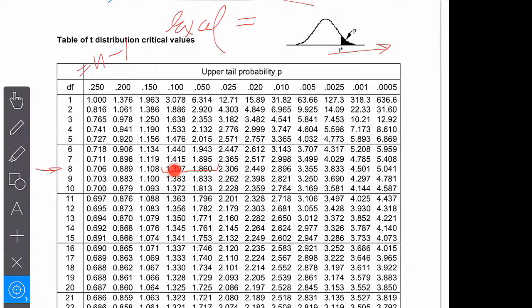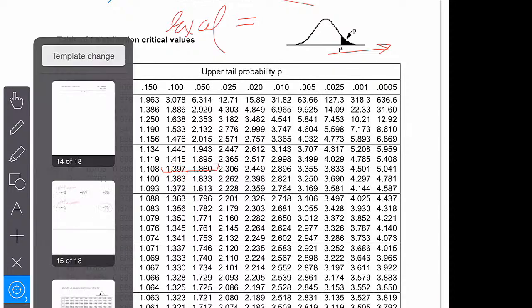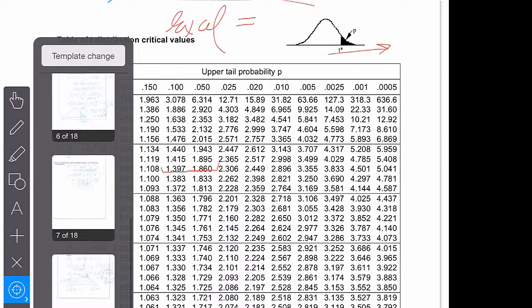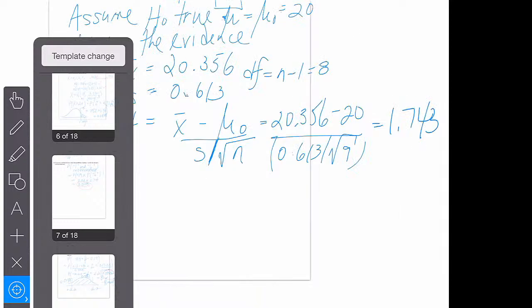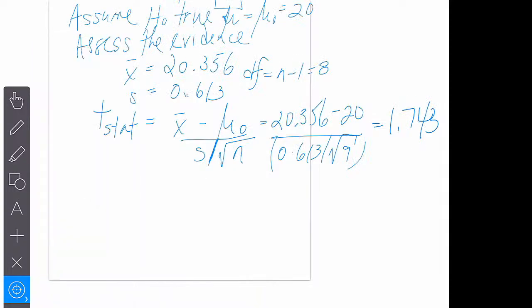So it's between these two, and that's the best we can get from this table. If you use Excel, you can get a precise value, but this is fine for me. You would say between 5 and 10% would be the area. That's the best you can do with the table. So you say the answer is 2.